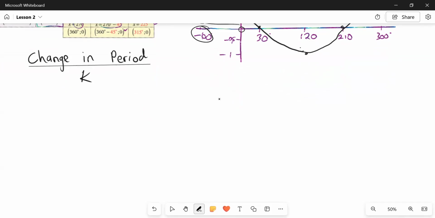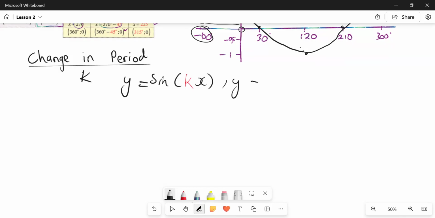You might end up having your equation in the form of y equals sine kx, or y equals cos kx. So they're introducing the k in front of the angle.